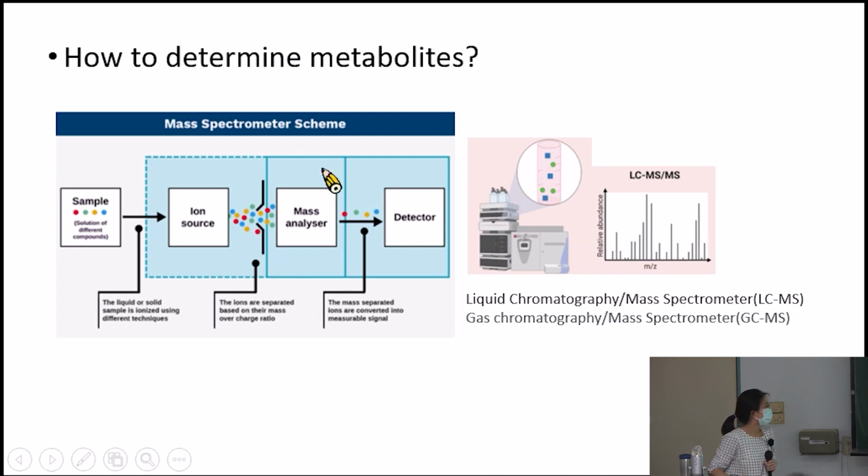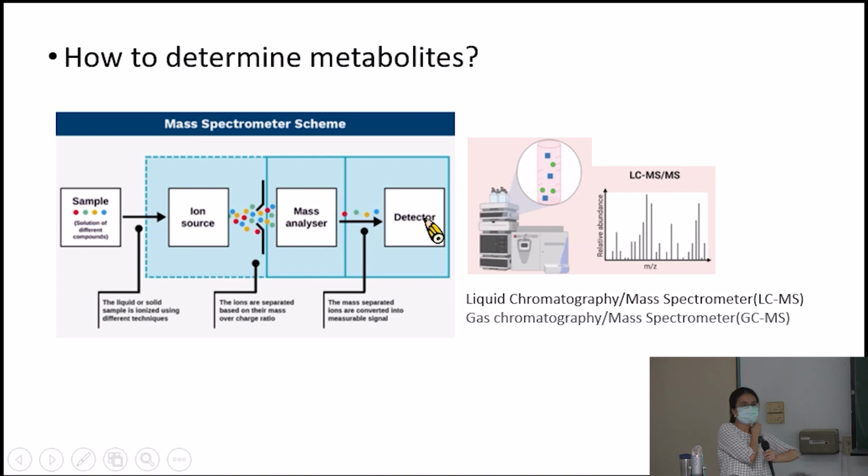For example, within the mass analyzer, we can use an electric field or a magnetic field to separate the charged ions. After the separation in the mass analyzer, we move into the last step, detection.